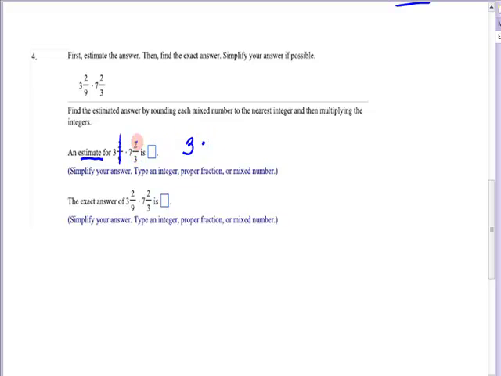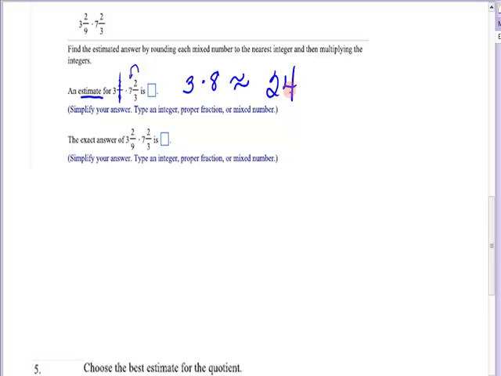Now, 2/3. 2 is more than half of 3, so I'm going to bump this one up to 8. My estimate, and when I squiggle the equal sign, it means approximately, is 24. Okay, that's my estimate. Now, my exact answer should be somewhere in the neighborhood of 24, but let's see.